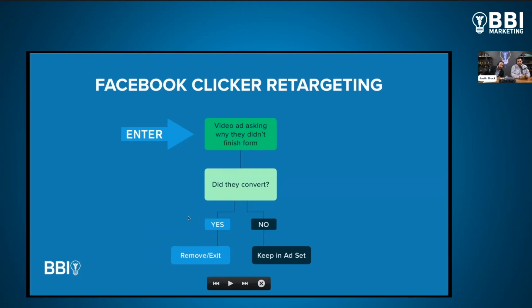At that point, I'm removing them from my video view retargeting and from my clicker, and now they're a client or a lead, but they're in a different funnel now. They're not stopping being automated to, but I'm removing them from where I would be targeting them on Facebook. It's possible that they go back in there eventually in a different campaign, but in this pipeline, I'm removing them once they've converted.